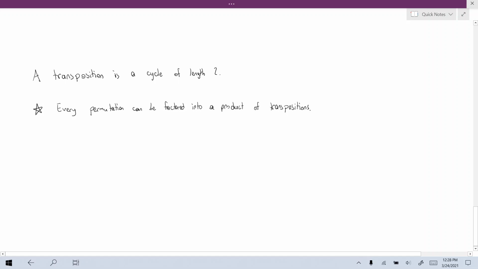So let me take, earlier we had this cycle in S7. Gamma was (3 1 4 6). So we can factor this cycle as a product of the transpositions (3 1)(1 4)(4 6). Okay?